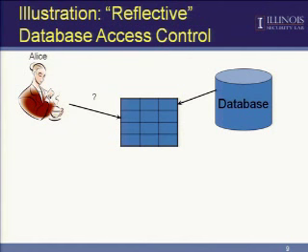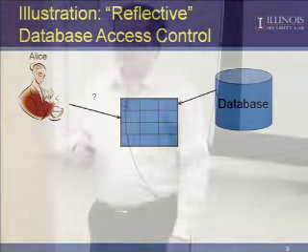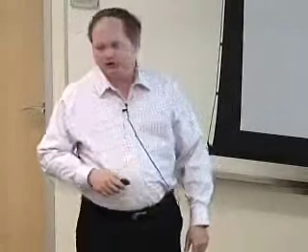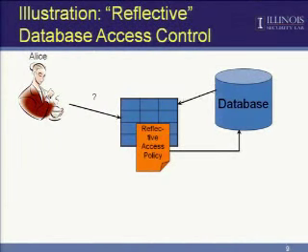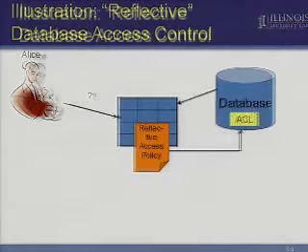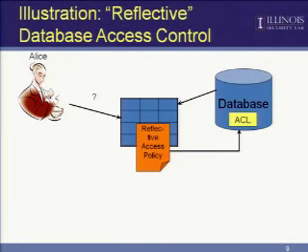Now, let me try to argue in favor of attribute-based access control here. Let's suppose that you have Alice and she needs to get access to a table in a database. A way you could do this with fine-grained access control is you put a policy that refers to the database. It's quite common to take the ACL, of course, and the ACL is in the database.